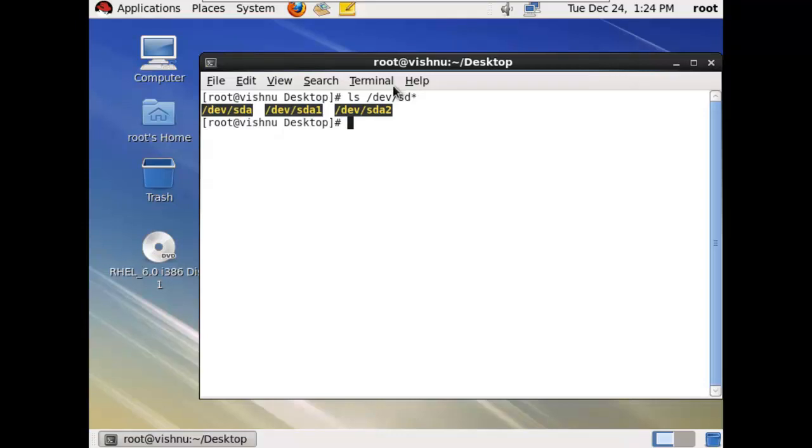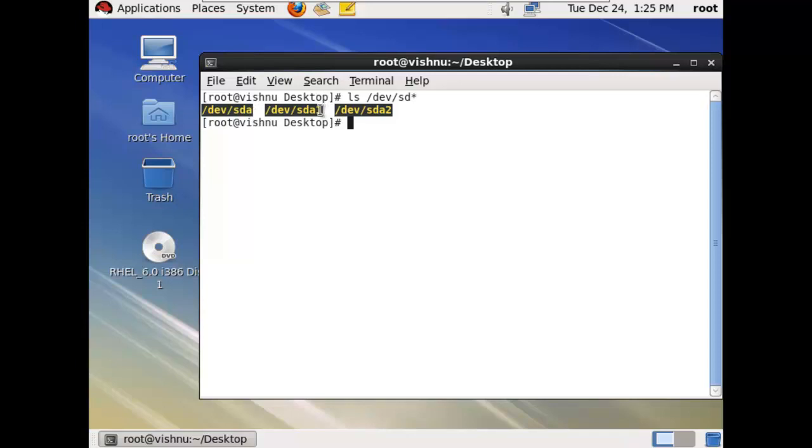At the present moment we have only one hard disk attached to our Linux server because we have only SDA. If there were two hard disks attached, we would see SDA and, for the second hard disk, SDB. So only a single hard disk exists.